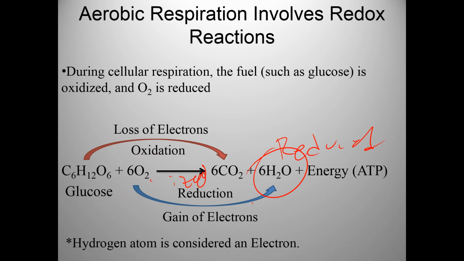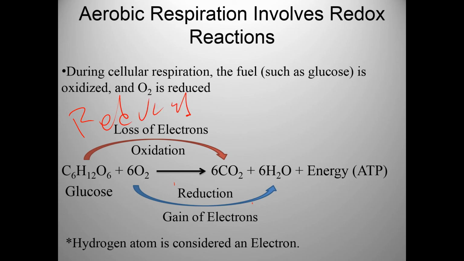So look at this process. Glucose initially is reduced, oxygen is oxidized. In this whole chemical reaction, look what happens. The glucose is initially reduced, is then oxidized to CO2.